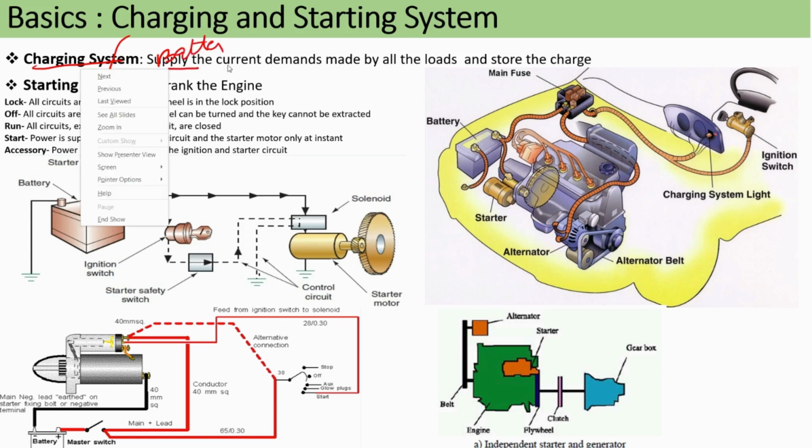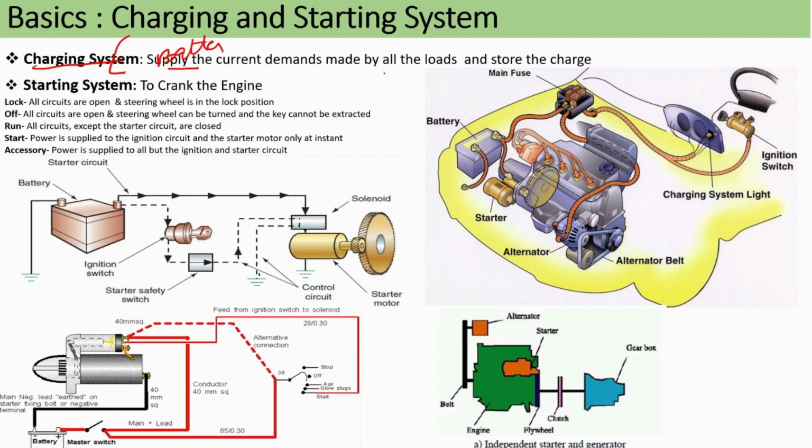So the charging system supplies the current demands made by all the loads. What are the loads? Your lighting system, your accessories, the headlamp, the rear wiper washer, the windshield.